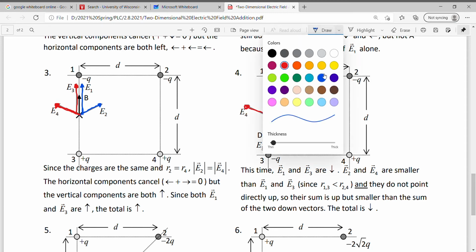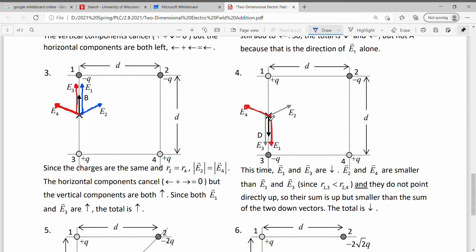Okay, and we use a blue pen to label E2, which is generated by the negative charge located here. And E3 is generated by the negative electric charge here. Okay, so the sum of E2 and E4 will point up, but the sum of E1 and E3 will point down.